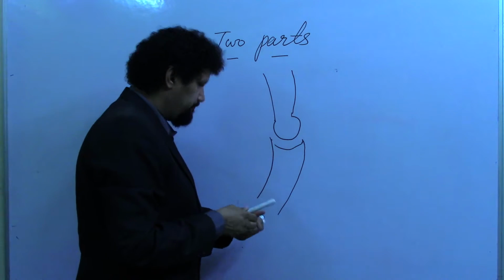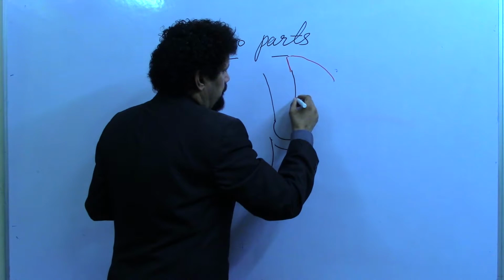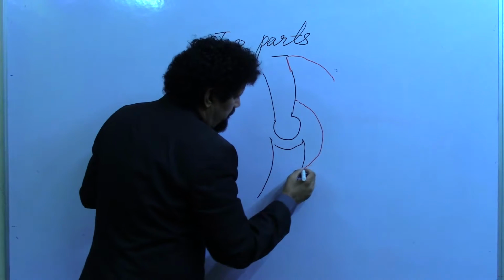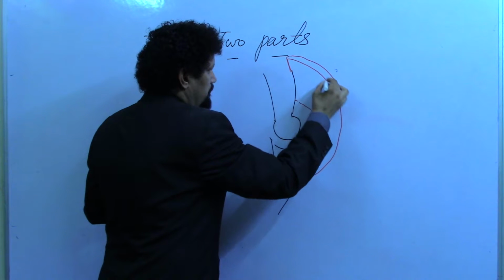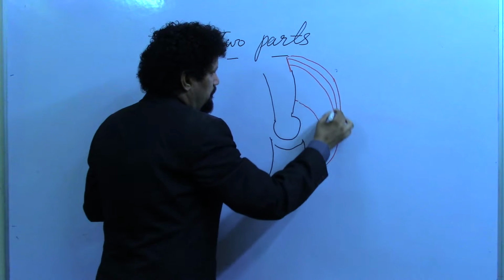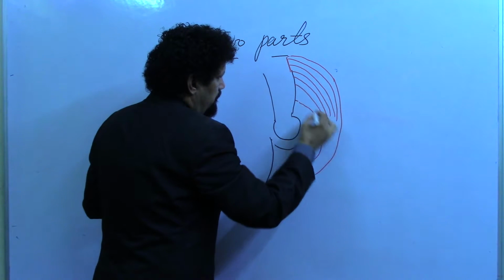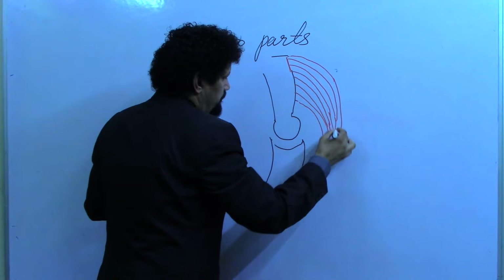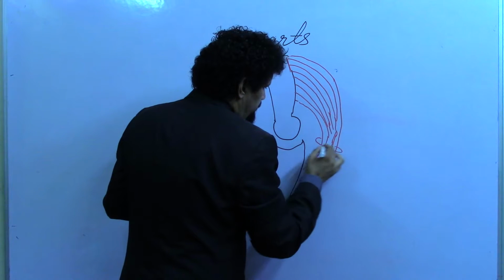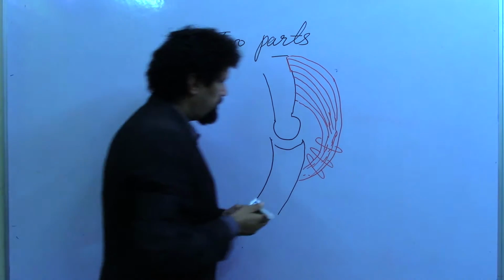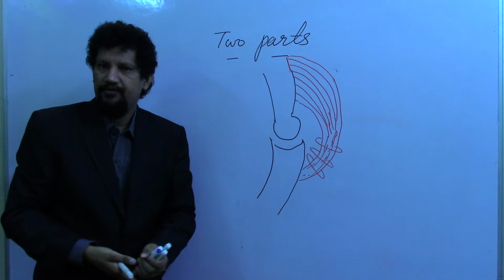And here is the muscle. This part of the muscle is known as the fleshy part or the belly.